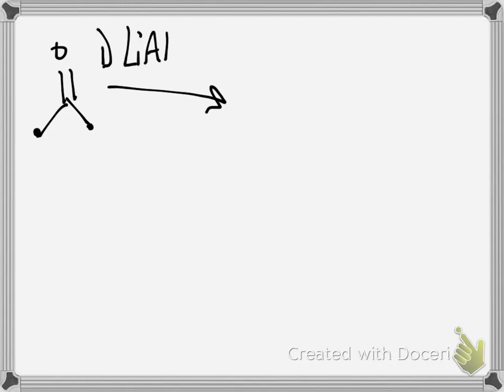Okay, so let's just look at an example. This is acetone. If you use the lithium aluminum hydride, it's actually a two-step process. We'd have our reducing reagent in DE. That's the first step. And then the second step is you need to do a hydration reaction.